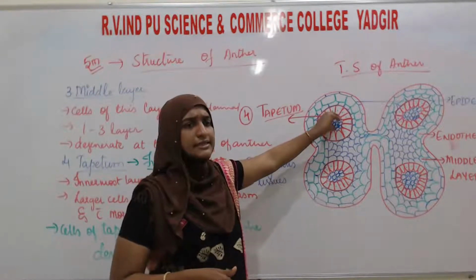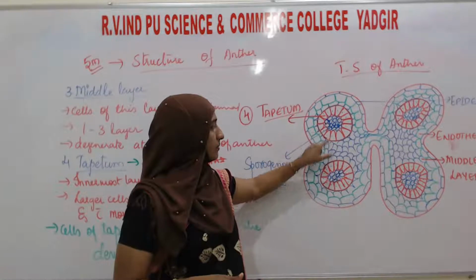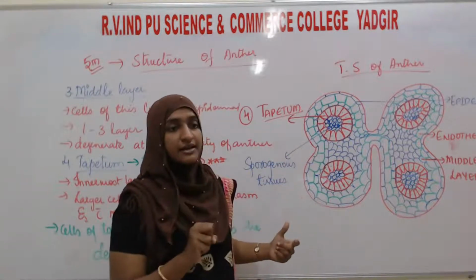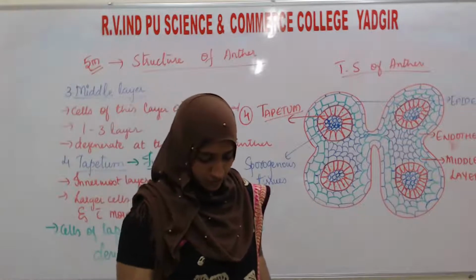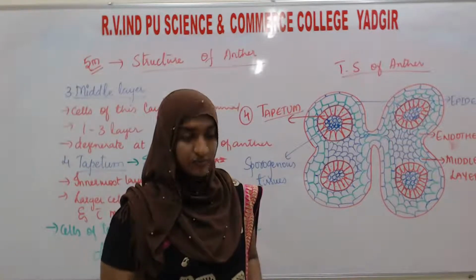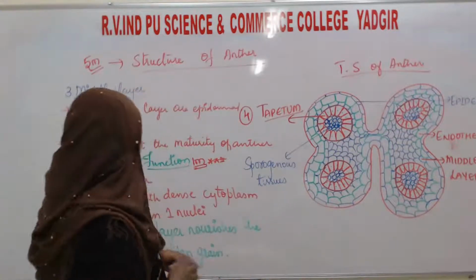At the center region of this microsporangium or pollen sac, there will be compactly arranged cells, known as the sporogenous tissue. So this sporogenous tissue will undergo mitotic division. See here.